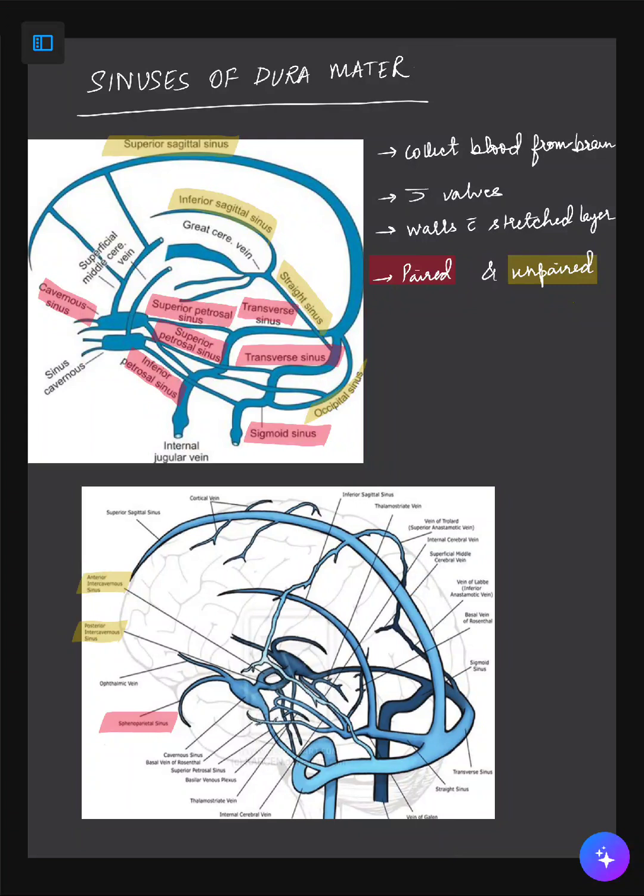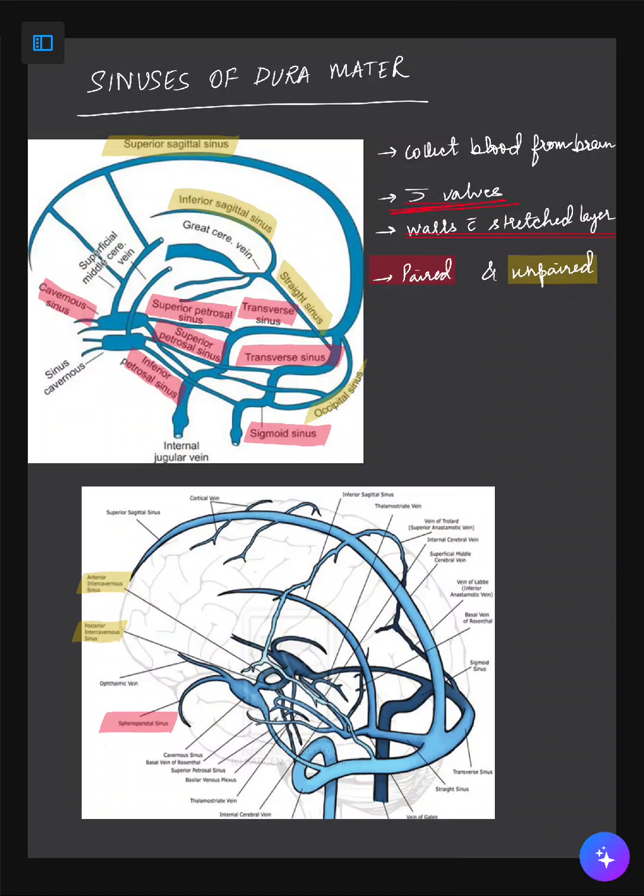These sinuses are venous canals which are devoid of valves. Their wall has a stretched layer due to which it can flexibly stretch and does not collapse even after cutting or injury. Now there are paired and unpaired sinuses.